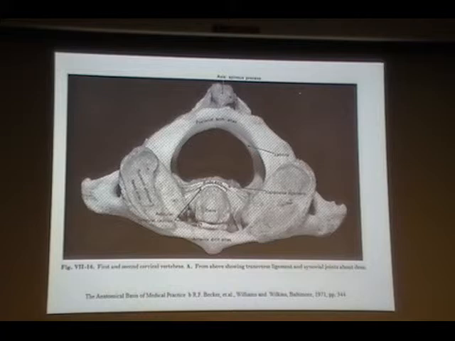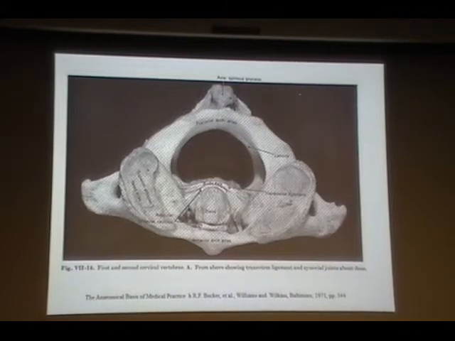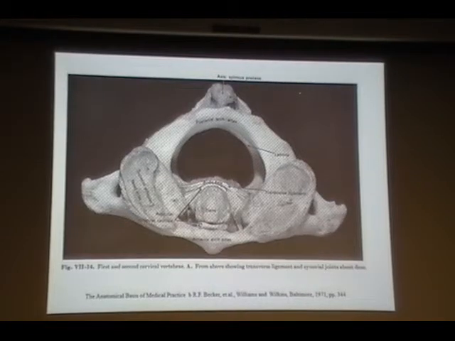This is a synovial articulation. Okay? So these are actually bursa sacs, just like you would see in the shoulder. Okay? So, and here is the upper facet for C1, so this the occipital condyles would see.